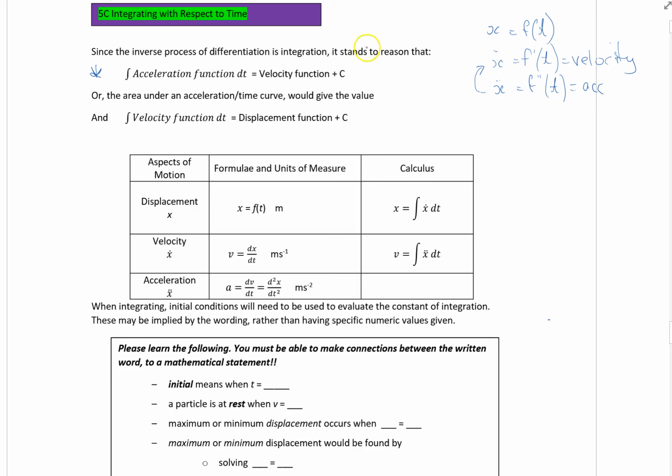Since the inverse process of differentiation is integration, it stands to reason that the integral of an acceleration function, so it must be the acceleration function that you're integrating if you want to get velocity. And don't forget your c.